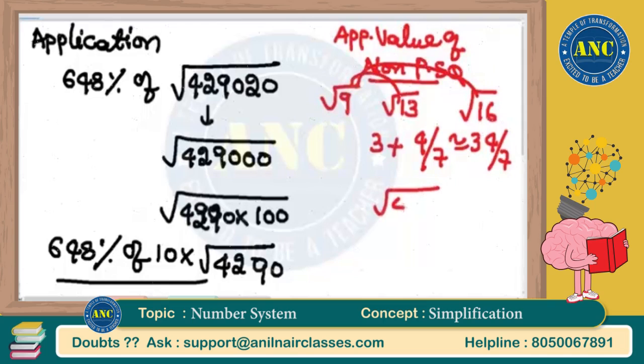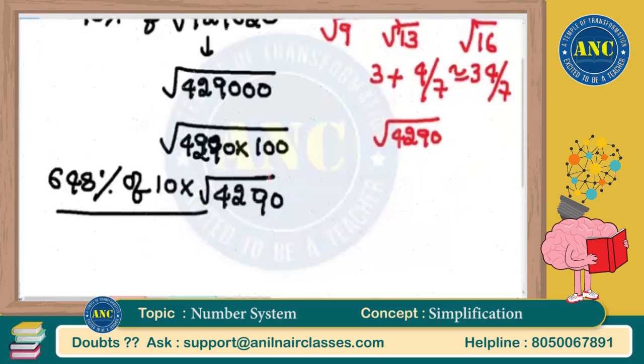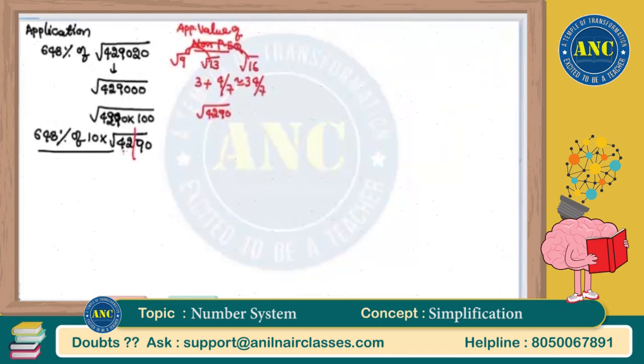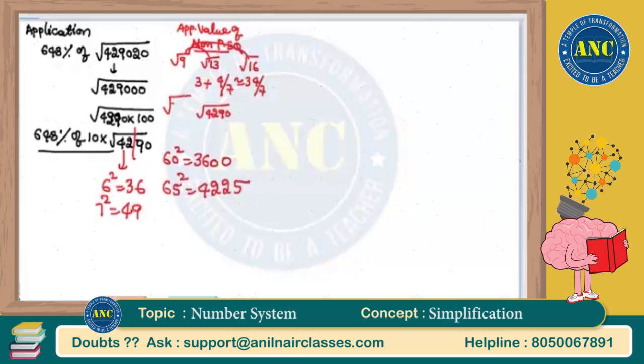Root of 4290. Keep a slash after 2 digits. 42 lies between 6 square 36 and 7 square 49. So 60 square is 3600, and 65 square is 4225. So here it is root of 3600 and root of 4225.